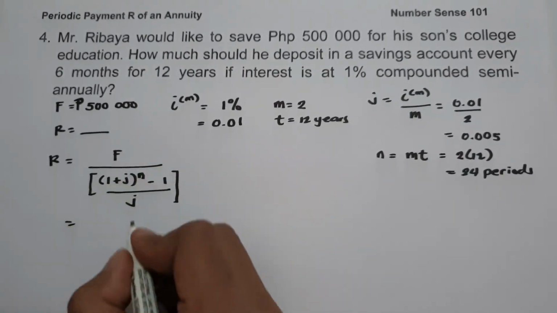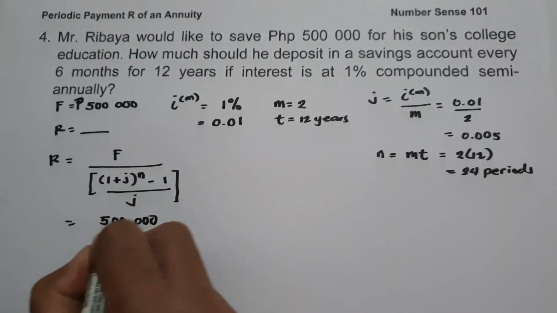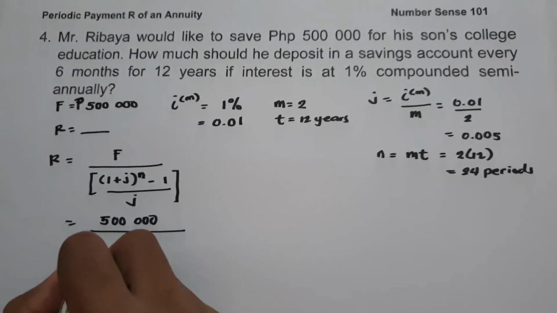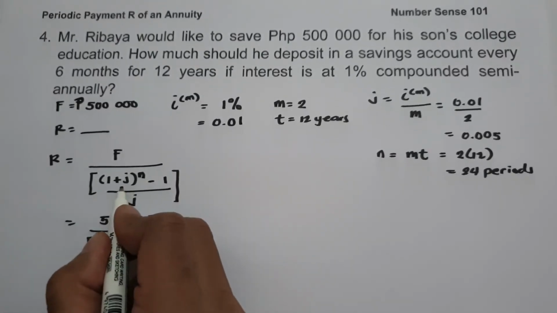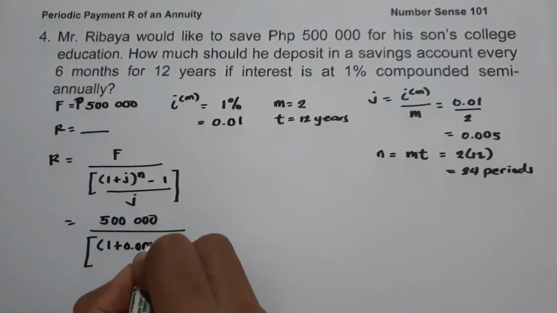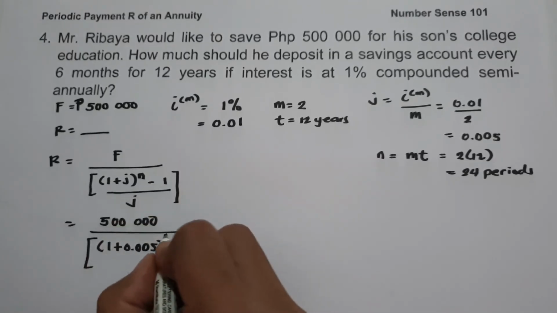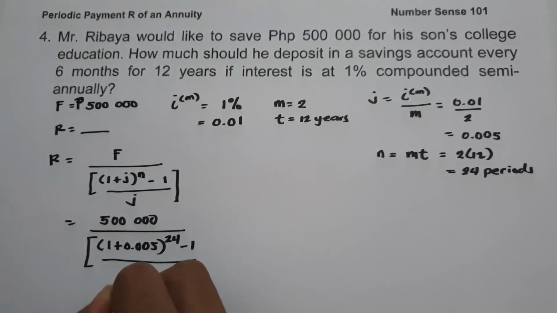So let us have the future value, that is 500,000 pesos over quantity 1 plus interest rate per period, that is 0.005 raised to n, that is 24 minus 1 all over 0.005.